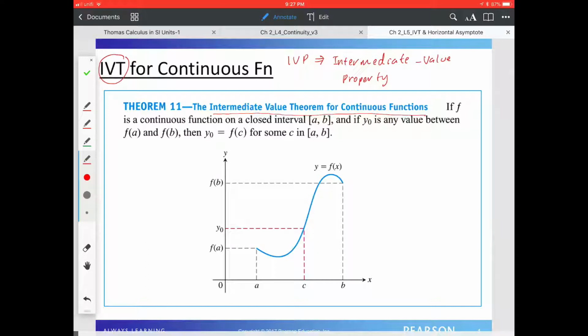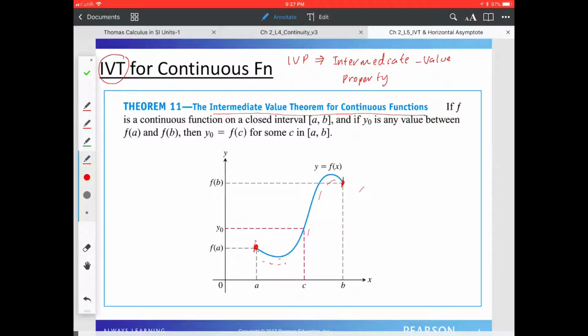Basically the idea is that a continuous function f is said to have IVP, or the intermediate value property, whenever it takes two values. If you consider this kind of curve y equals f(x), and it takes two values at the ends of the domain x, it also takes all the values in between, between a and b.